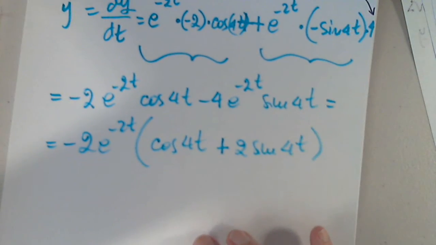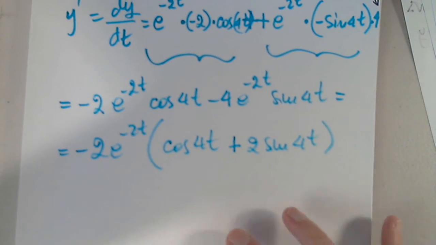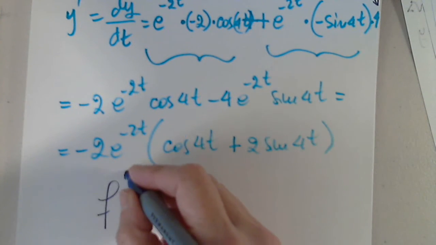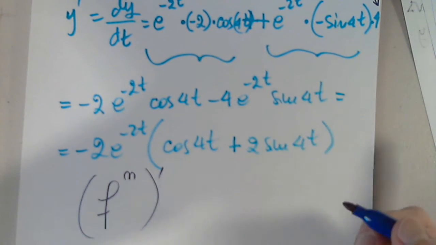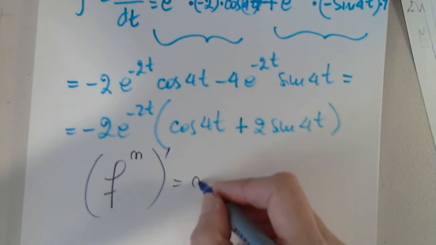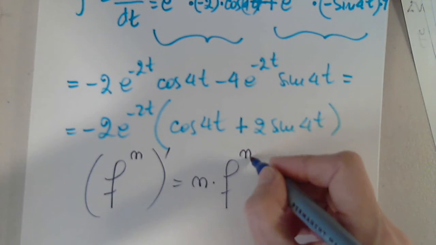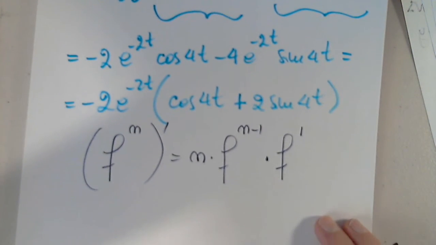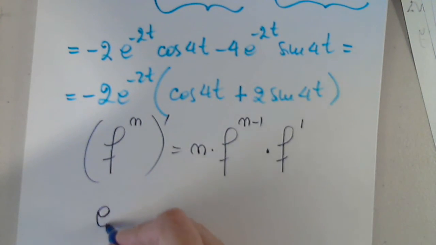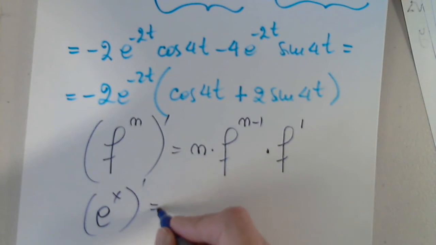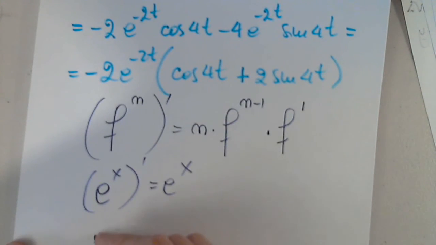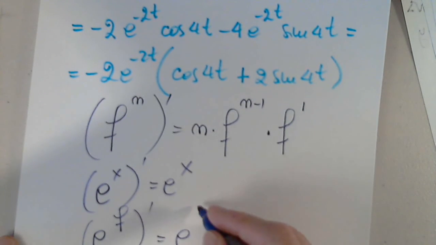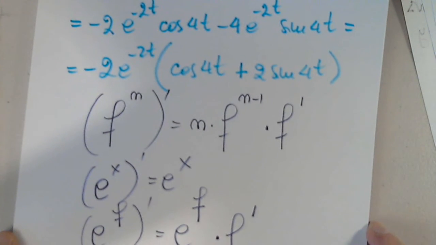So, two things I would like to mention here. Here's one. A function raised to a power prime, which we already did on the other page, is n times f to n minus 1 times the inner function prime. And also, we know that e to the x prime is e to the x. But if we have e raised to a function prime, we have e raised to that function multiplied by the function prime.